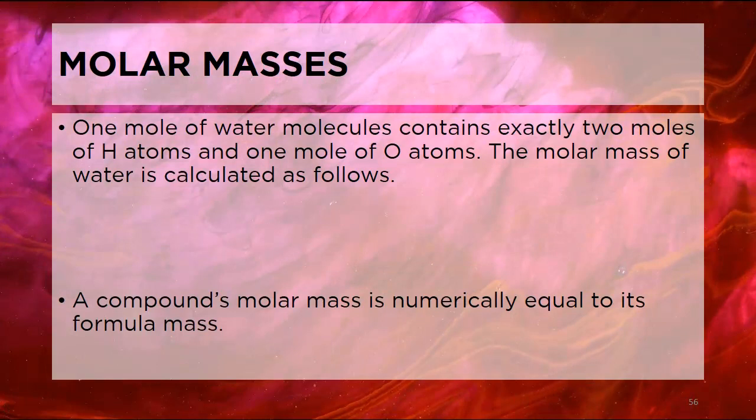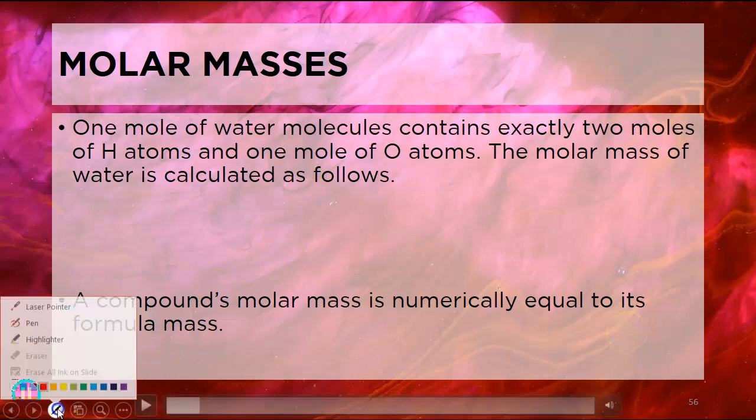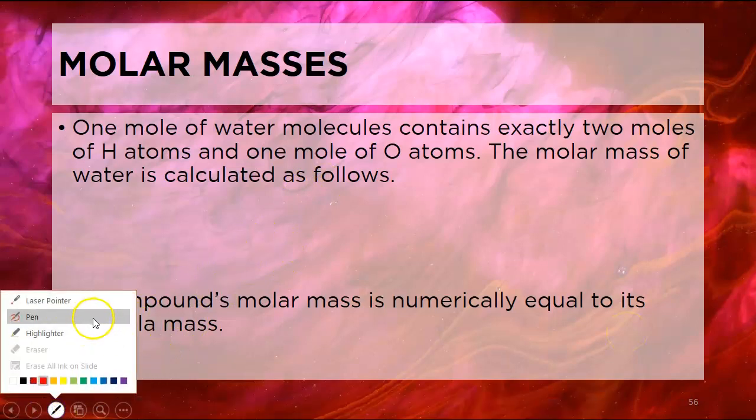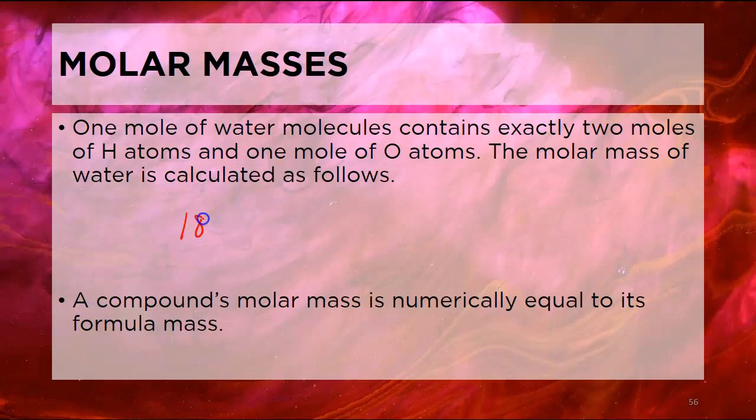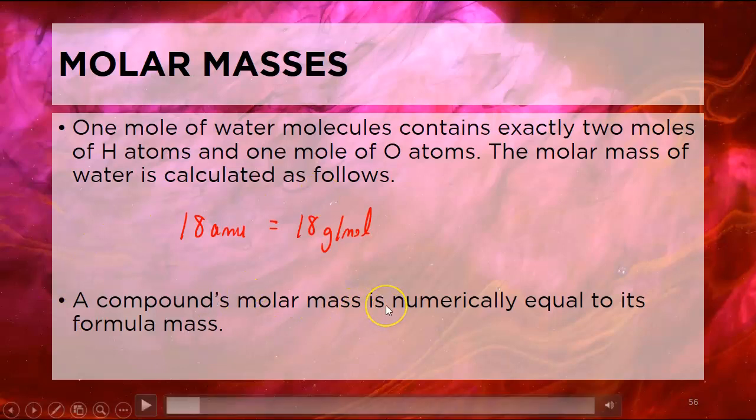And we already did this with water to find that it was 18 grams per mole. It's just that we did it in atomic mass units, but now we see that the molar mass can be written as how many grams per mole are in that compound. So a compound's molar mass is numerically equal to the formula mass.